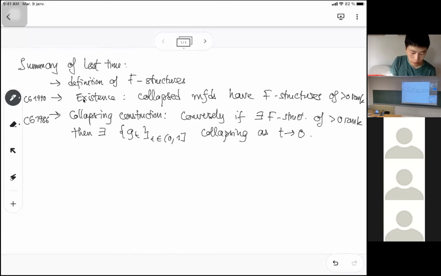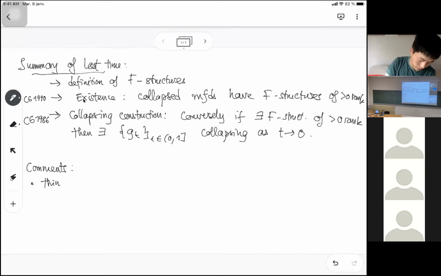Let me try to give you more intuition about these F structures. So if you don't like F structures, just think of F structures as torus actions. In F structures, you might need to go to a finite covering space to get a torus action. But for the sake of this talk, you really just need to think of an F structure as a bunch of torus actions that have some compatibility conditions.